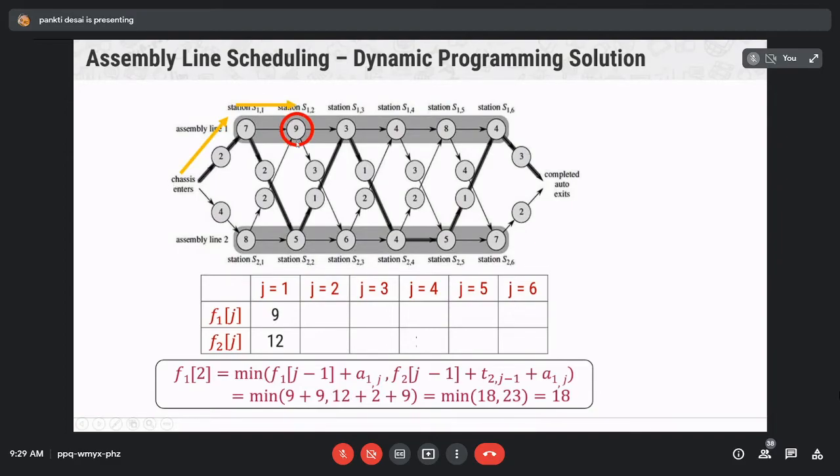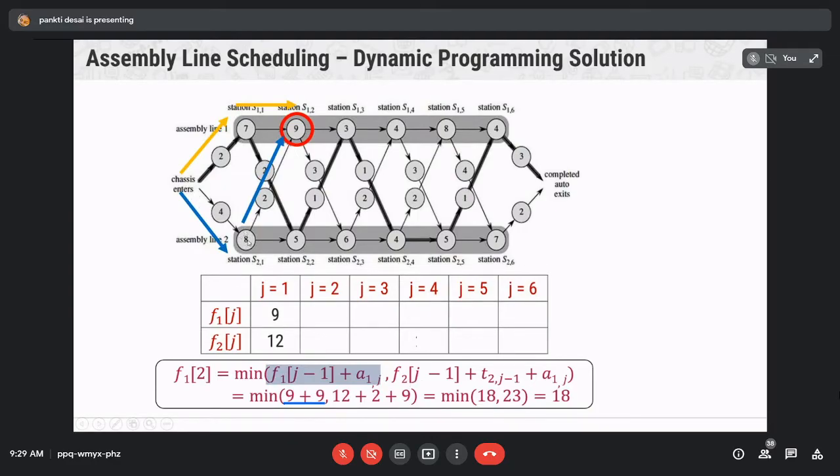Or F2(j-1): to reach station S12, your manufacturing unit follows the second assembly line instead of the first. So that is F2(j-1), which means F2 2 minus 1, so F21.